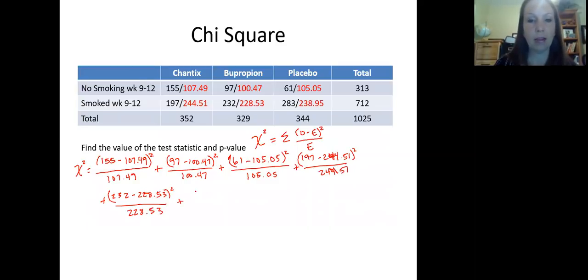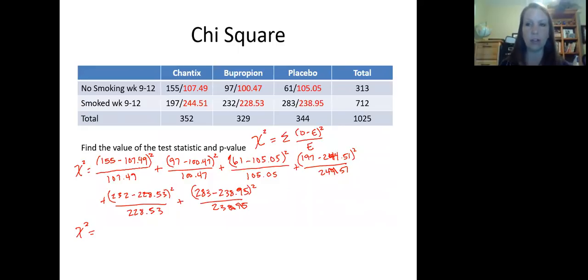Plus, I think we finally made it to the last one, 283 minus 238.95, squared, divided by 238.95. So I've got that all written out. Now it's time to start working on the individual calculations, and I do it separately for each because those contributions to the chi-square are going to become important when we delve into the deeper analysis if this turns out to be significant.